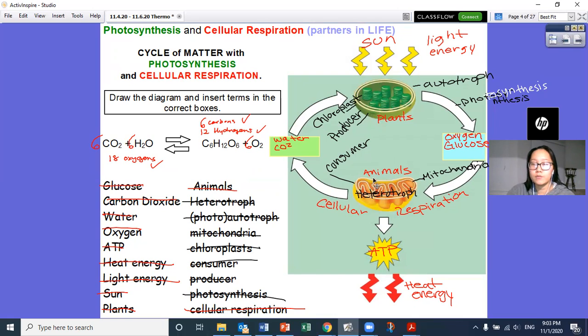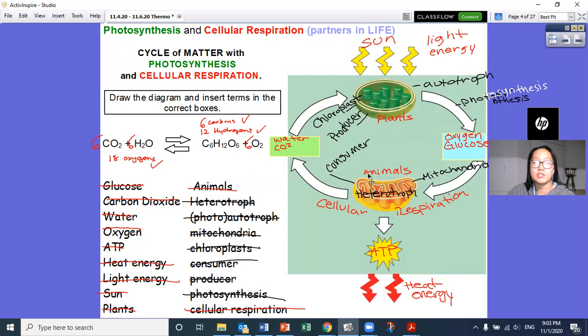And the whole point of doing cellular respiration is not to use oxygen or to produce carbon dioxide, but the whole reason is to make ATP, which is our energy molecule, which will then be used up subsequently and turned into heat energy as a waste. Okay. The other wastes are carbon dioxide and water, which just so happen to be the inputs for photosynthesis in the chloroplast. So it is a continual cycle where matter is never wasted, right? And it's kind of nice because matter is never created or destroyed. So this cycle is continually going and going and going.